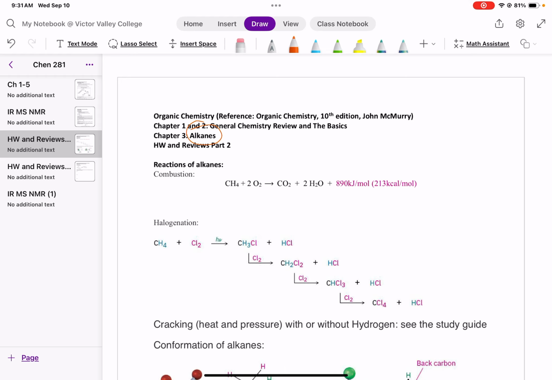Okay. Now let's talk about reactions. You guys saw the reactions, only a couple of reactions in the study guide. Well, the first one here is the combustion reaction of methane. And that's what we have at home. Natural gas is mostly methane, CH4.